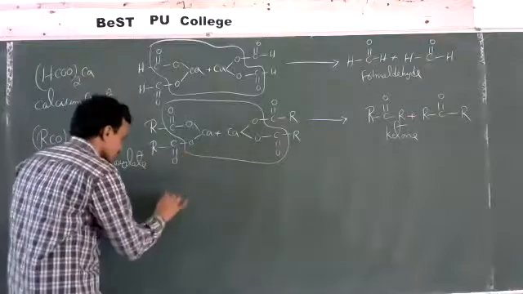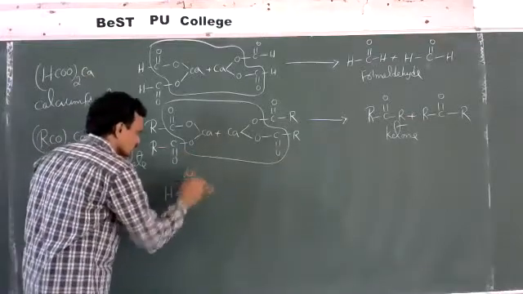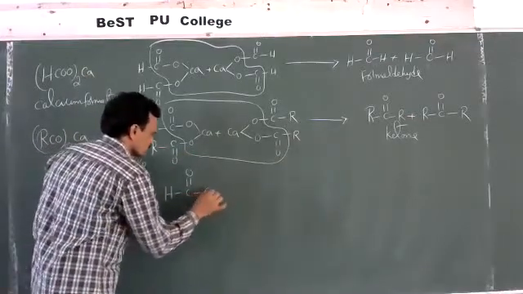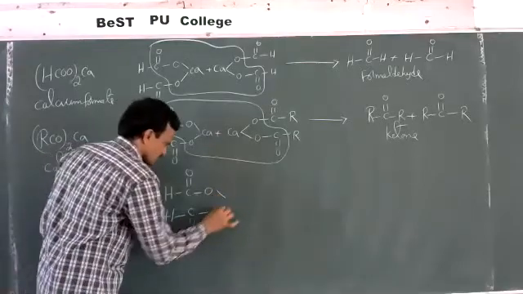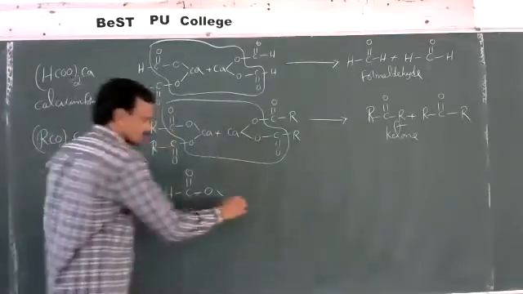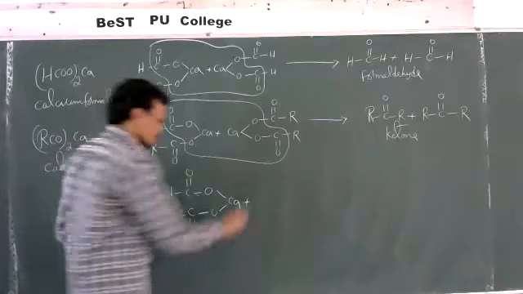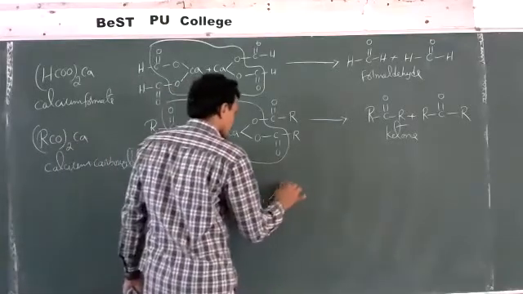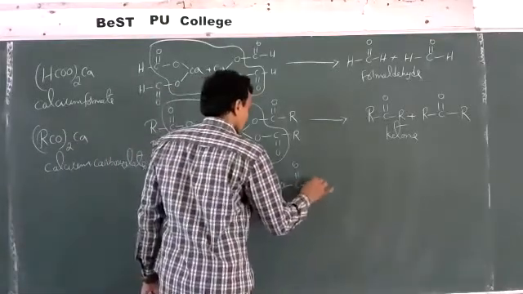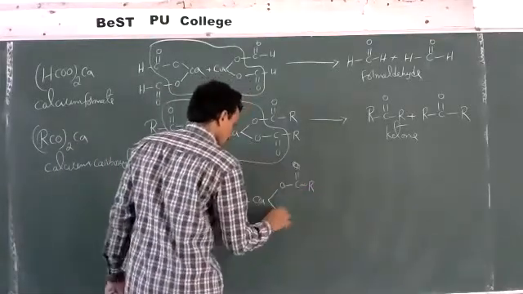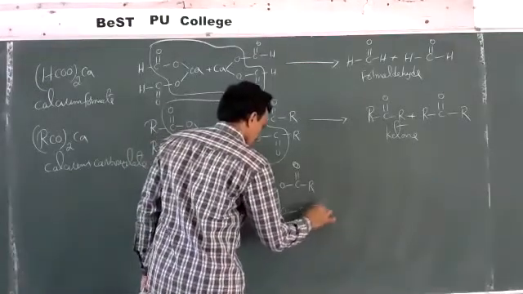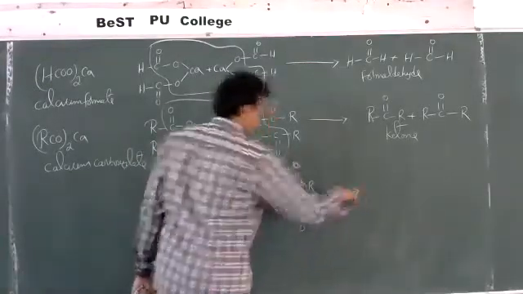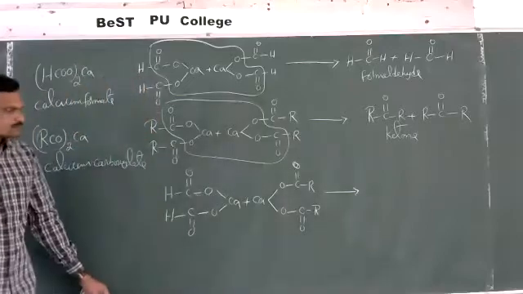See here, (HCOO)2Ca, calcium formate plus calcium carboxylate. Now here what you will get?